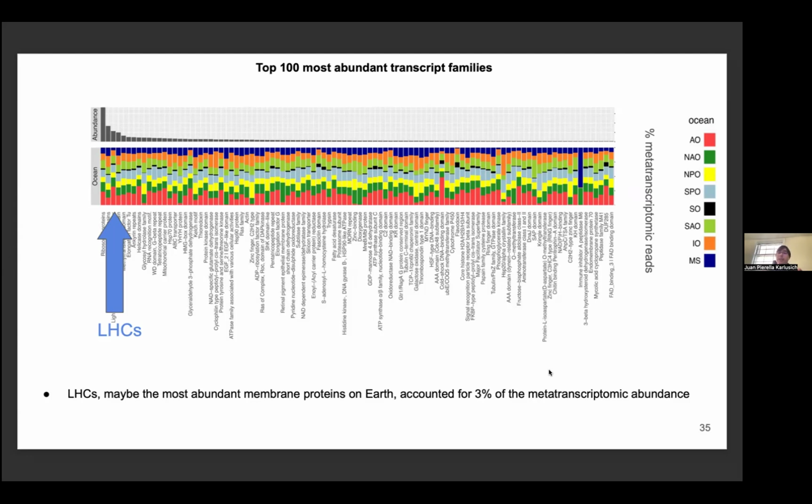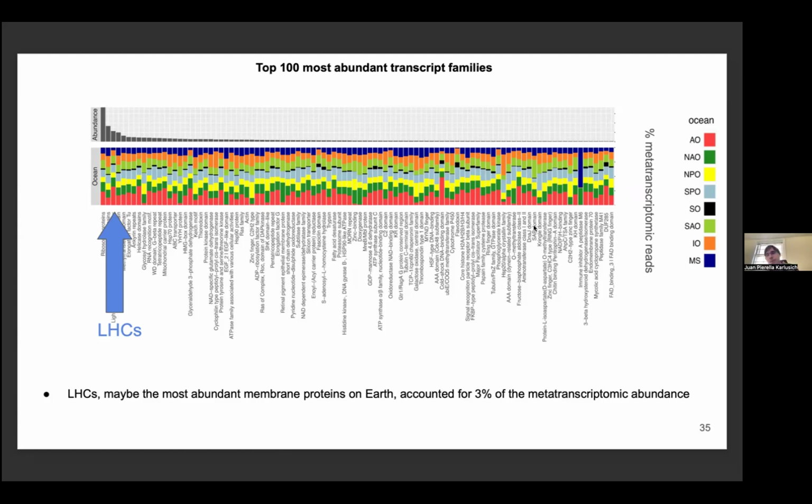So as I mentioned, we analyzed all the RNA sequence datasets from diatoms from the whole Tara Oceans transect. And here I am showing the top 100 most abundant transcript families. In the upper panel, their abundance distribution, and in the lower panel, their ocean distribution.